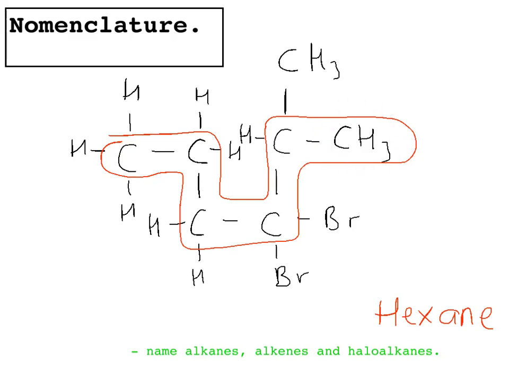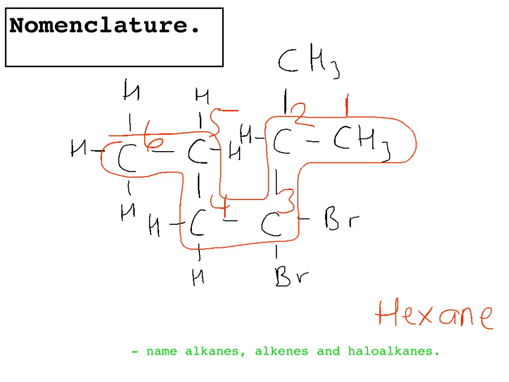Remember, if we could just flip this molecule over, it'd be exactly the same, we'd just be looking at it from a different direction, if you like. So we can number the carbons from this end, and that will give us lower numbers for our labels for these groups that are coming off it. So I'm going to go 1, 2, 3, 4, 5, 6.